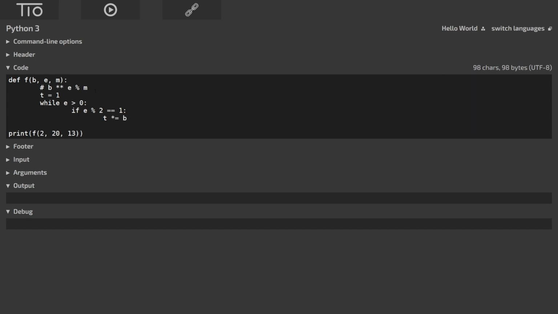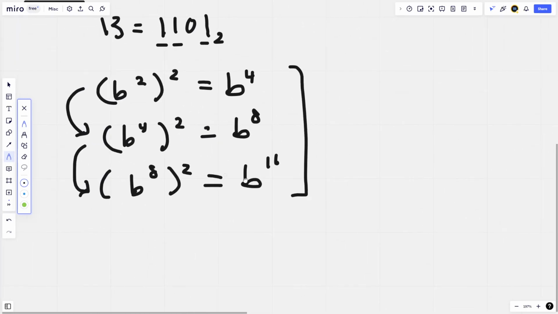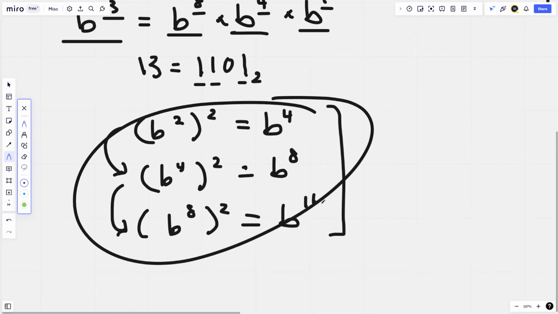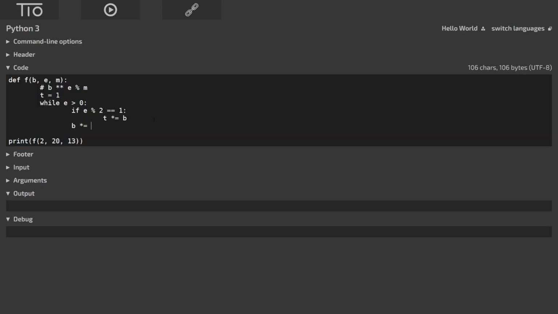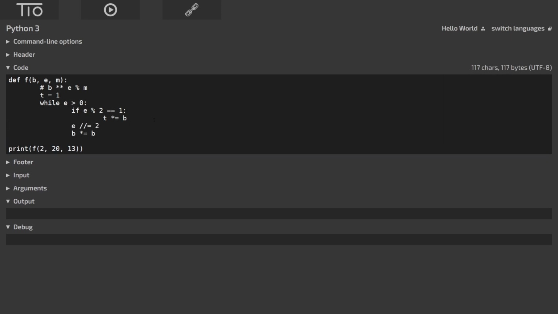And I'll just put b here, because instead of actually increasing the exponent, we'll just multiply b by itself. Because the crucial fact that we're relying on is, remember this part: each time we square b, we double its power. So now we will just square b. And we also need to remember to divide e by 2.